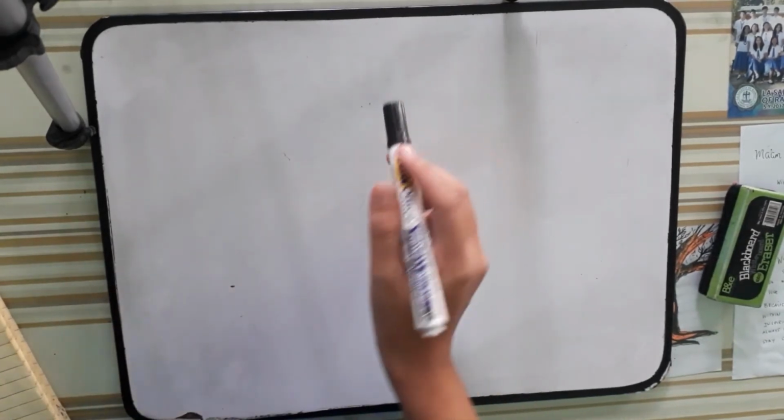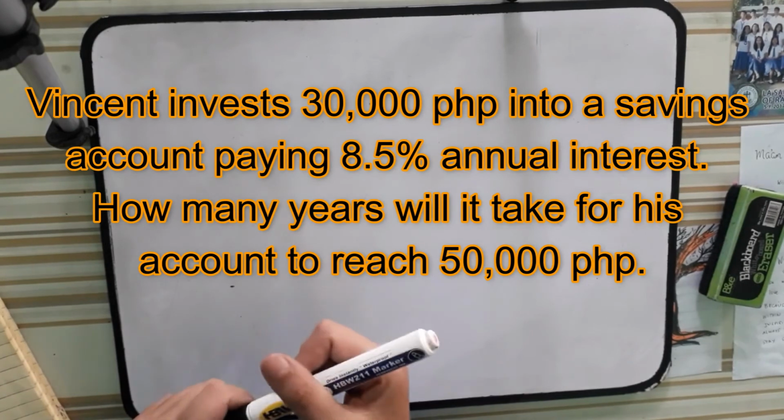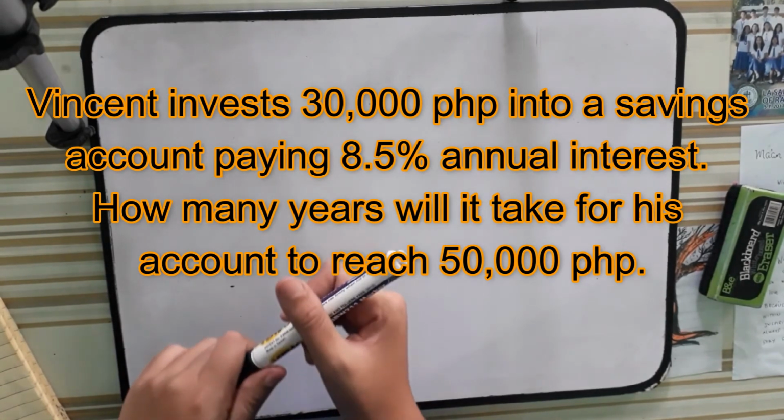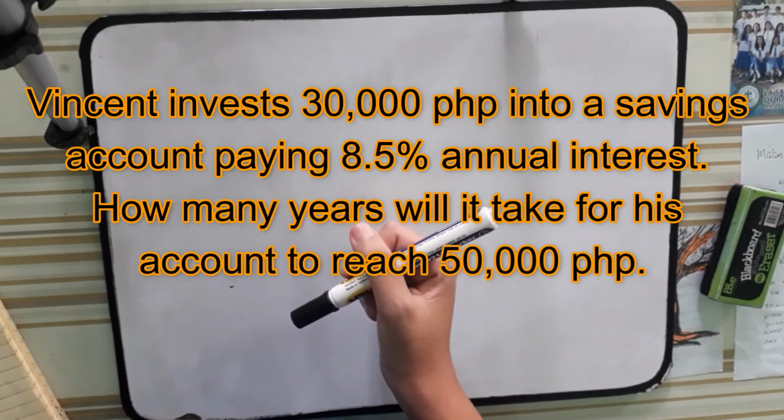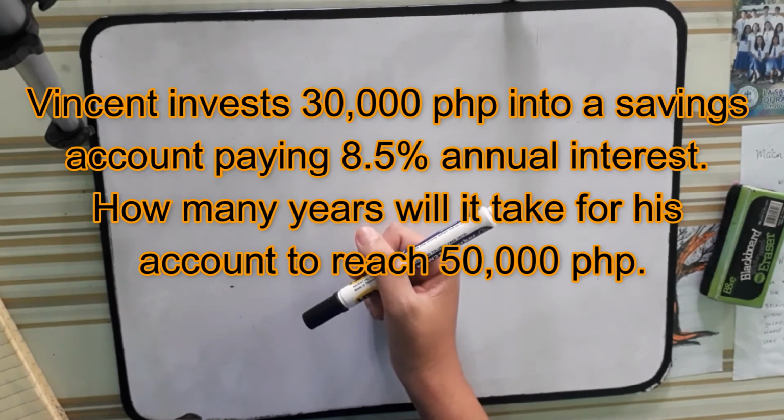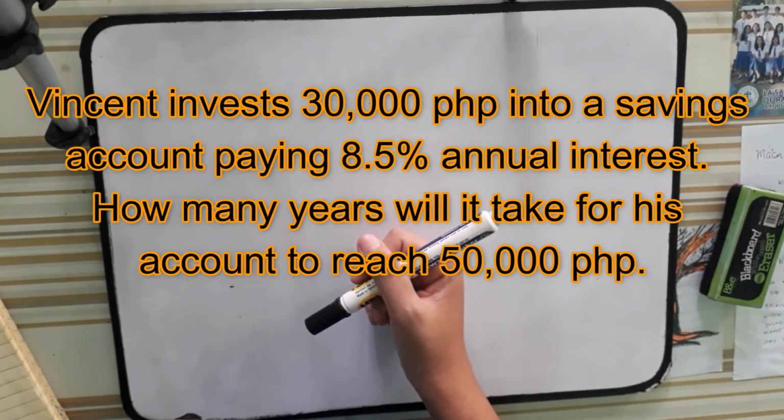For our final example, let's consider the problem. Vincent invests 30,000 into a savings account, paying 8.5% annual interest. How many years will it take for his account to reach 50,000?